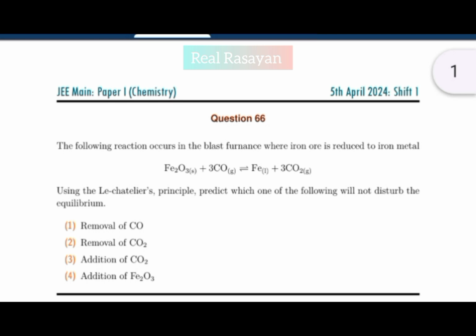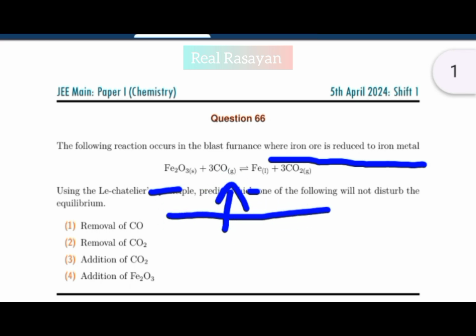Next question is, the following reaction occurs in the blast furnace, where iron ore is reduced to iron metal. Here reduction from Fe2O3 to iron takes place in the presence of carbon monoxide, and this follows the Le Chatelier principle.